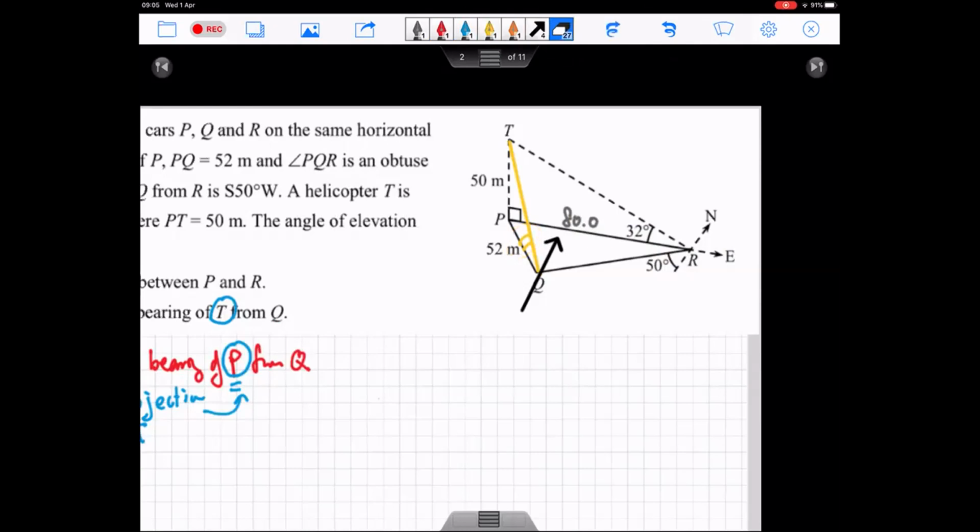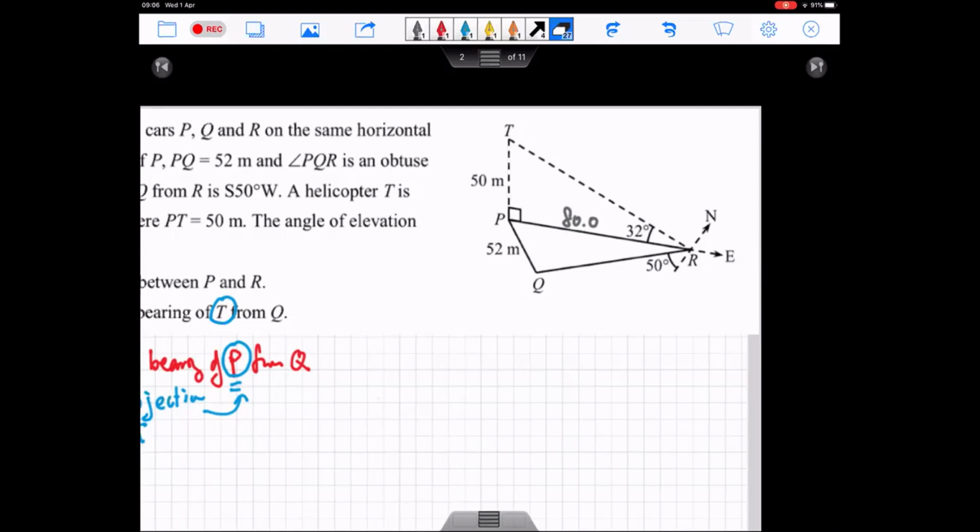And an important idea about bearing is that bearing is always on the ground. It sticks entirely on the ground. It's a flattened angle on the ground level. If the bearing angle is anyhow lifted up from the ground, it is definitely wrong. So you have to be very careful about the bearing.